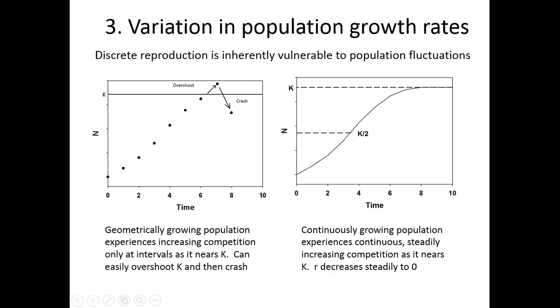Why? It's because density-dependent factors are operating continuously on the existing population size in the exponentially growing population. So you get a small increase from, say, year 5 to year 5.5 in the exponentially growing population, and that small increase causes a small increase in the strength of density-dependent regulating factors. So competition goes up a little bit.